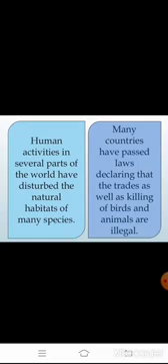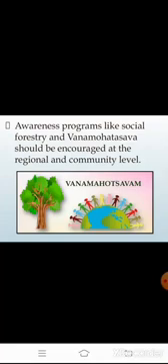So, many countries have passed the laws declaring that the trade as well as killing of birds and animals are illegal. Even in our country, India, killing of lion, tiger, and even peacocks has been banned. So now we will learn about the awareness programs that should be taken into consideration.